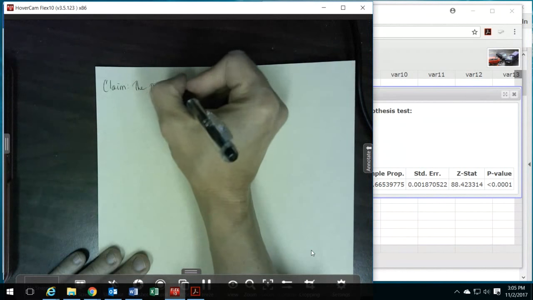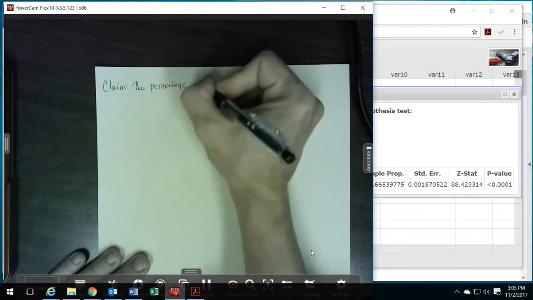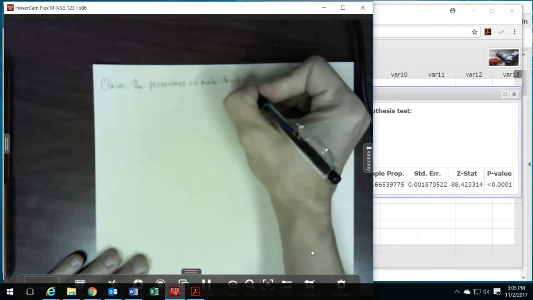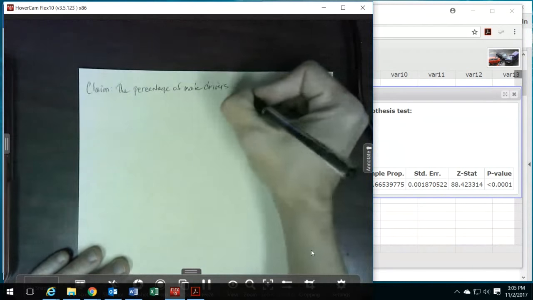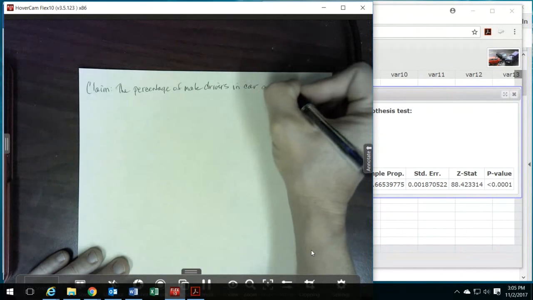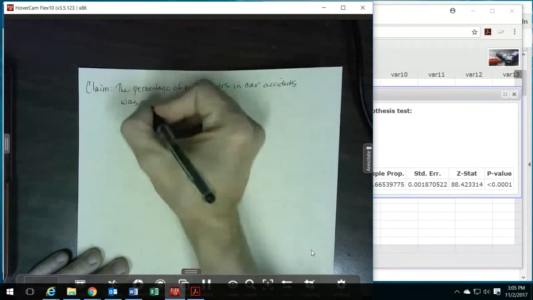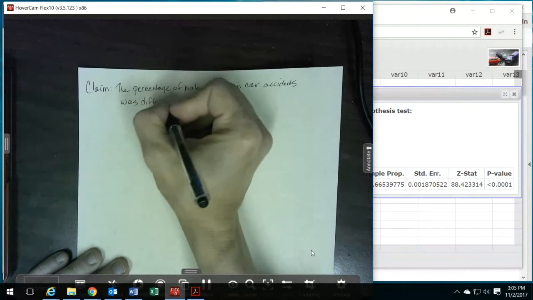Something like this: the percentage of male drivers was different than 50%.